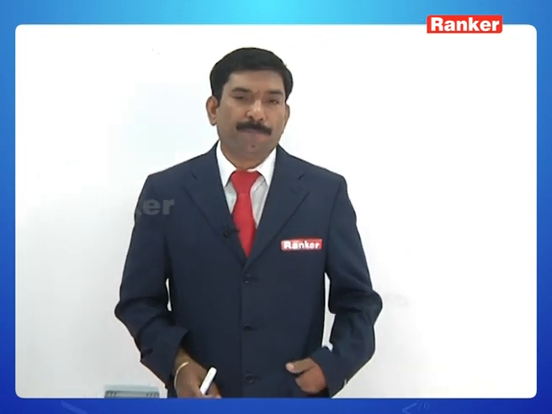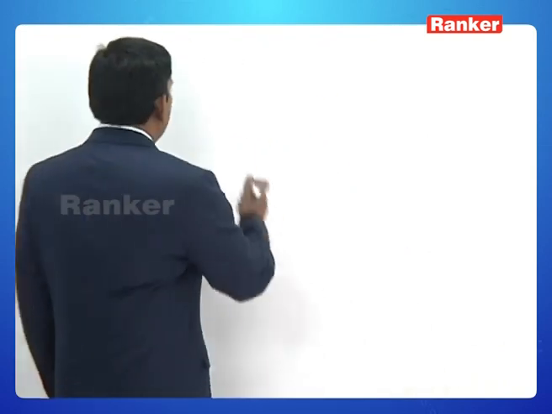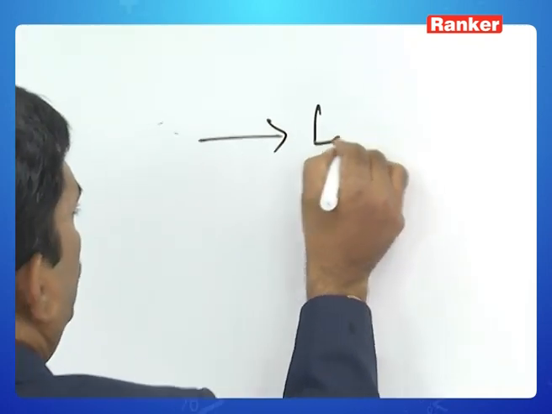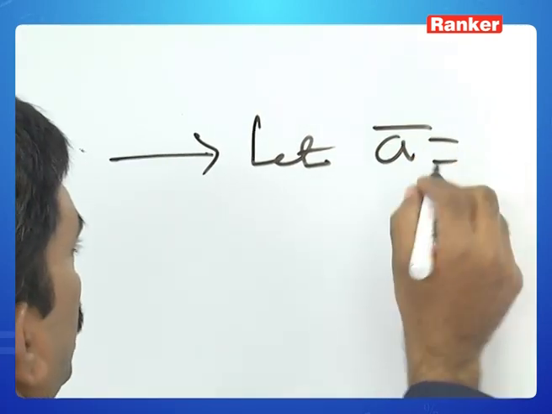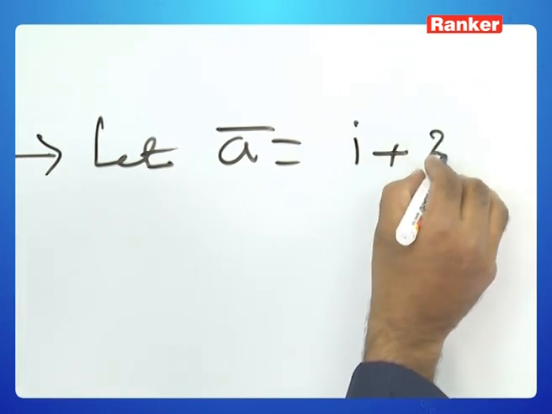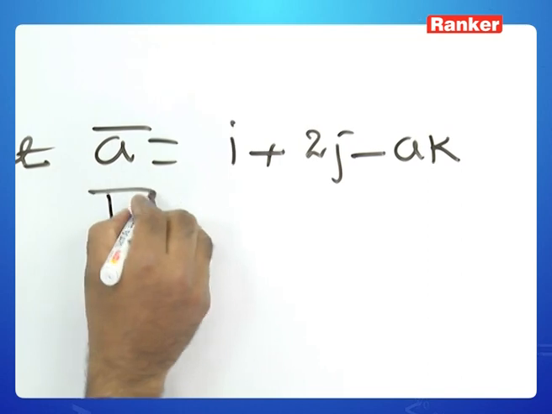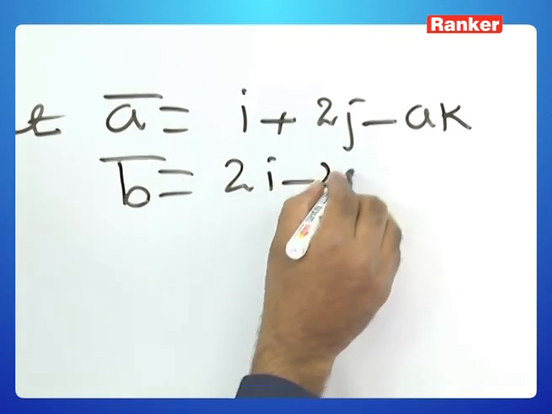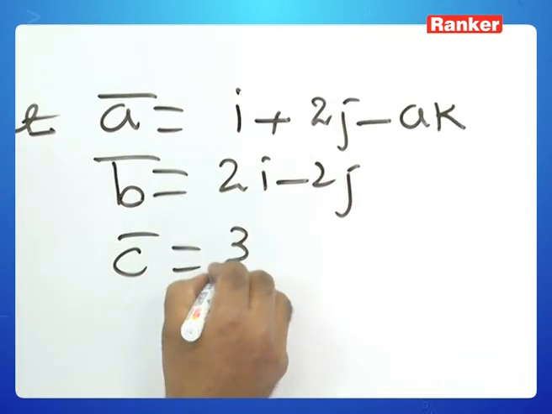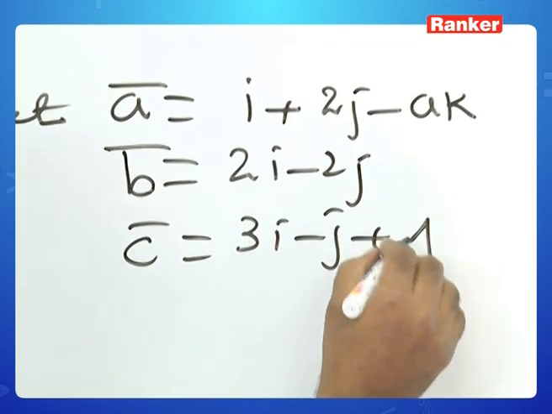Right? Yes, let us recall the definition of coplanarity according to scalar triple product. I take one example as desired. Let A bar be equal to i plus 2j minus lambda k, B bar is equal to 2i minus 2j, C bar is equal to 3i minus j plus 4k.